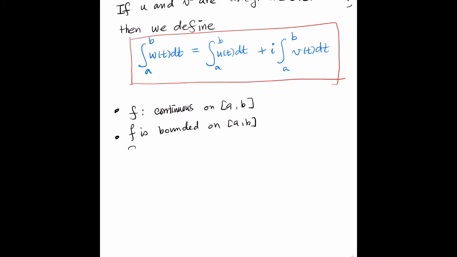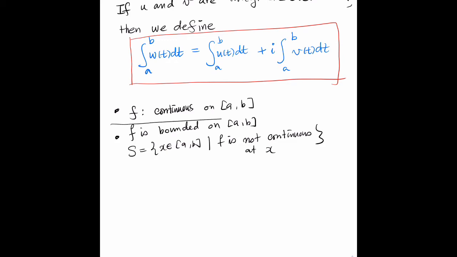And S is the set of x in a, b such that f is not continuous at x. Okay, this is my set.